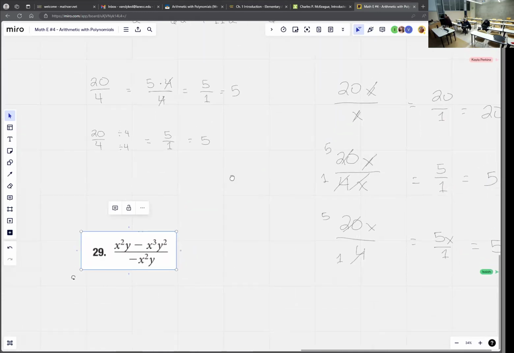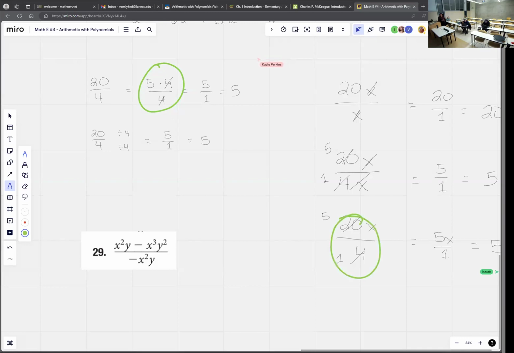So up above, I wrote things as the factoring products, right? So way up here, I factored things before I canceled, as opposed to over here where I just jumped right to canceling. See the difference?